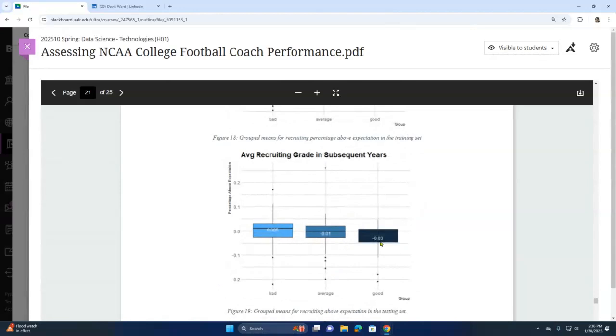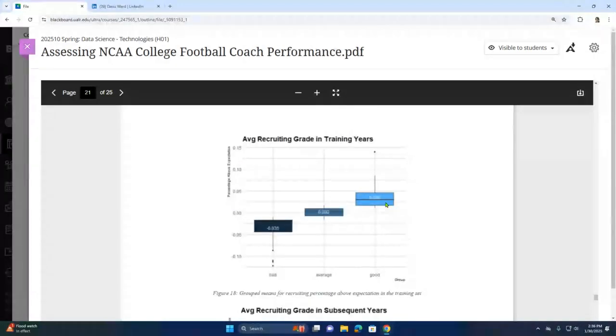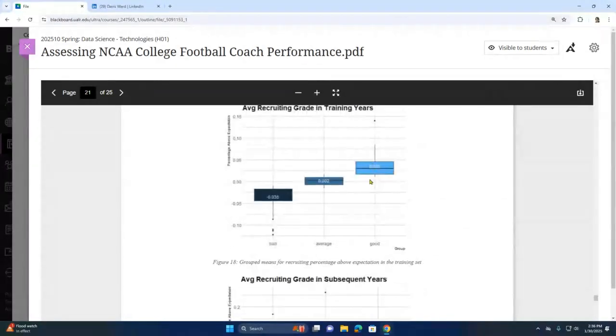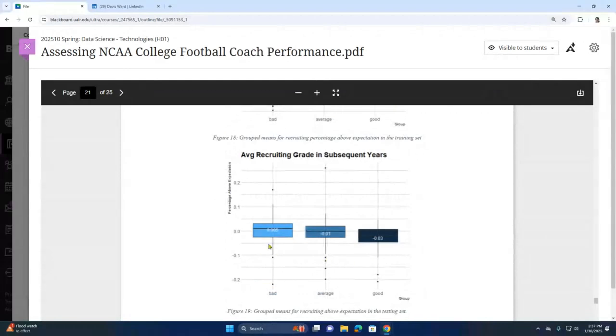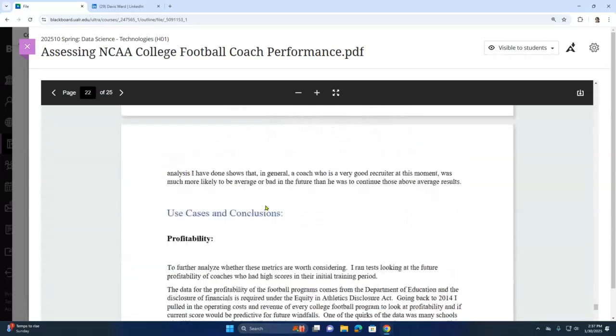Well, he noticed that in subsequent years, the good group, the average group, and the bad group are all about the same. So he said, I know that's not a good metric in terms of predicting future performance. So of his three metrics, for the first two, he felt confident that they could help predict future performance. But for this one, he felt there were other factors at play. Okay.